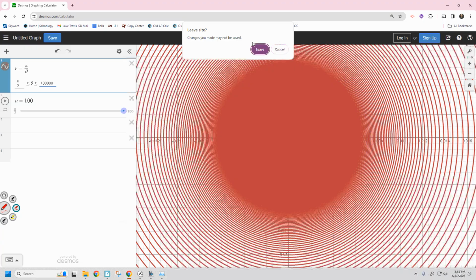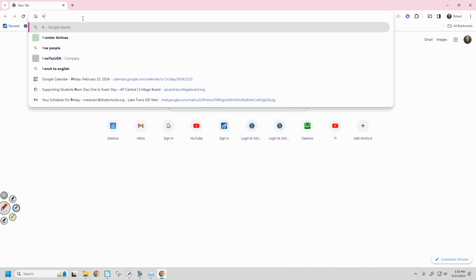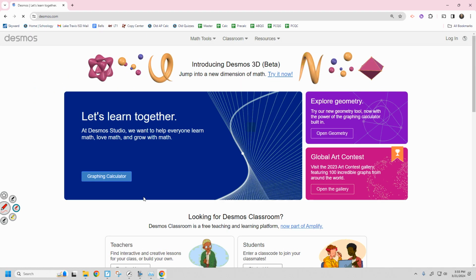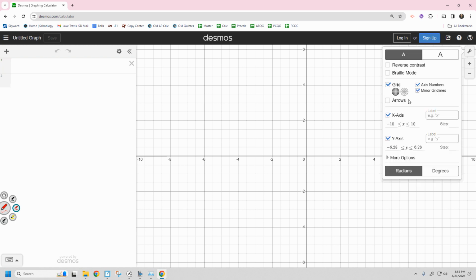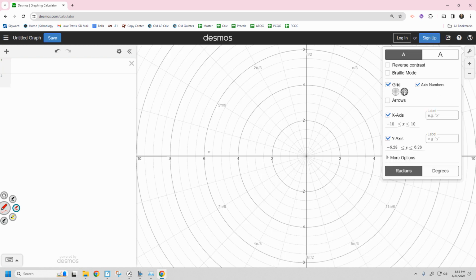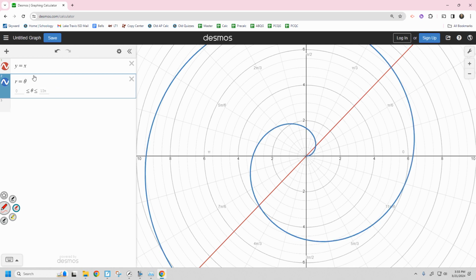When you go to Desmos, and guys, this is helpful for your SAT potentially, you can click on this button right there, and all it is is polar instead of rectangular.